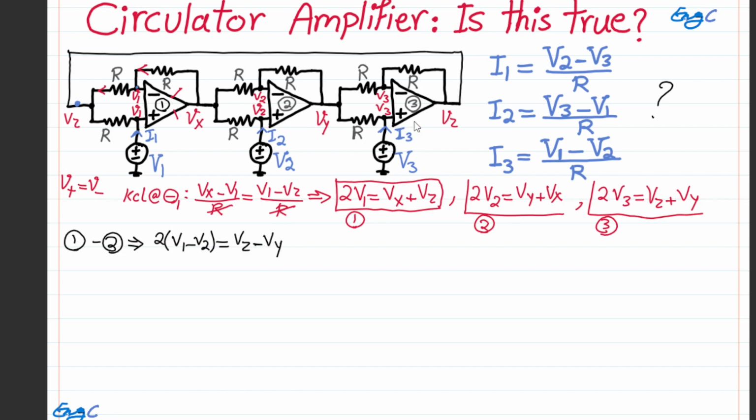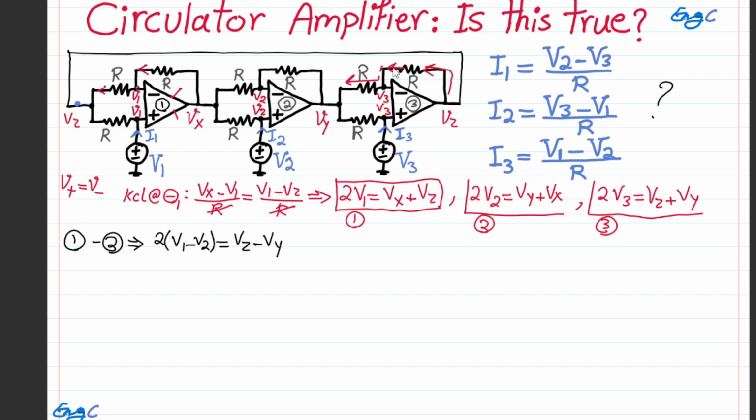But at the same time, Vz minus Vy is the voltage drop across a series of resistors. I'm going to use a different color so that it's clearly shown. You can see that the current that flows from Vz through resistor R has to continue through the other resistor R, because as I said, nothing can go through the input terminal of an ideal op-amp with infinite impedance in the linear region.